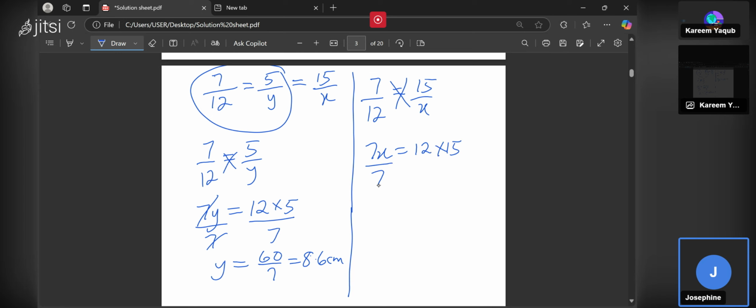Divide both sides by 7, so we have 12 times 15 divided by 7, which gives us 25.7 centimeters. So that is it.